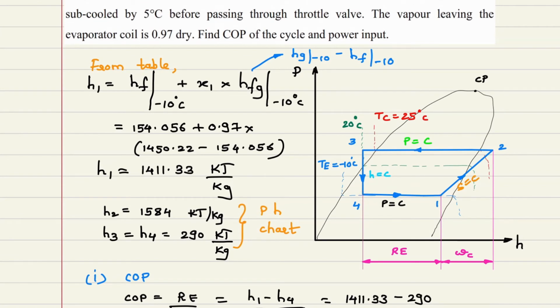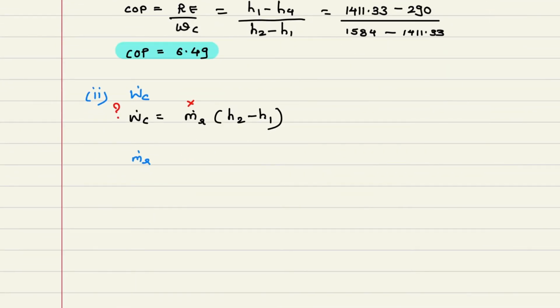So we will write this as Q dot A, heat absorbed in evaporator. Q dot A is equal to mass flow rate of refrigerant into H1 minus H4.